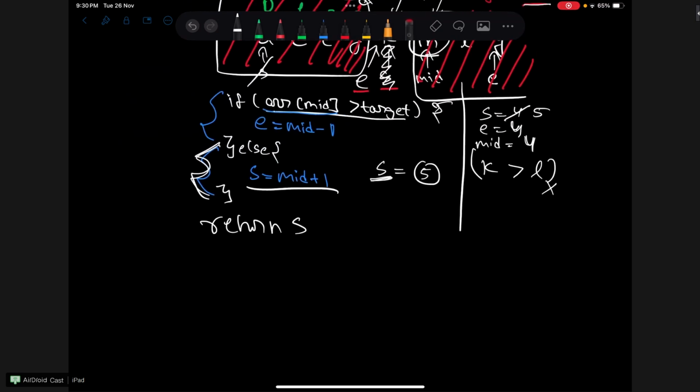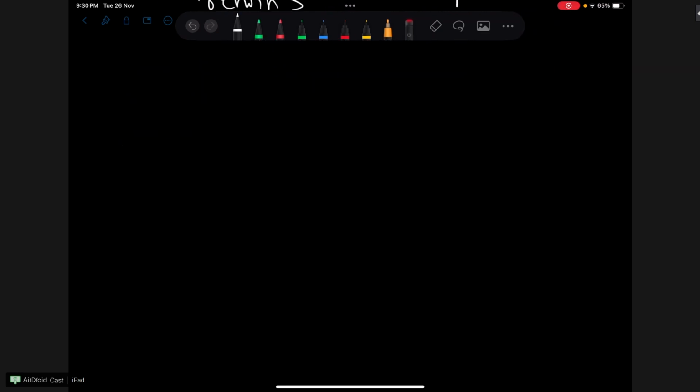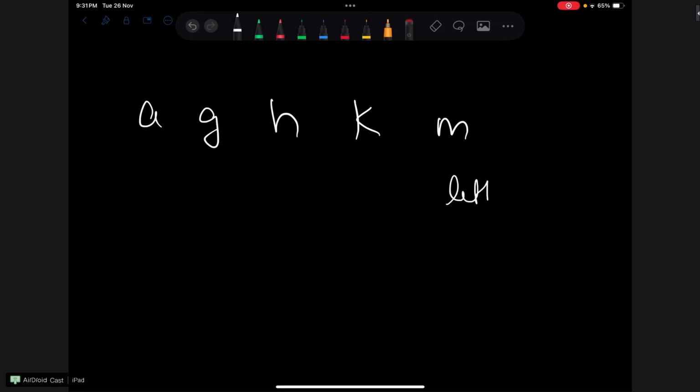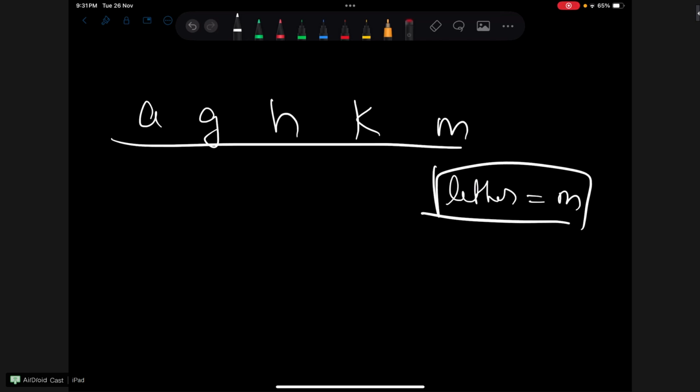But let's take another example. So let's say we have elements like this: A, G, H, K, M. Okay, and we want to find an element that is greater than M. Okay, so the target that we want to find is greater than M. Okay, so do you see any element that is greater than M?